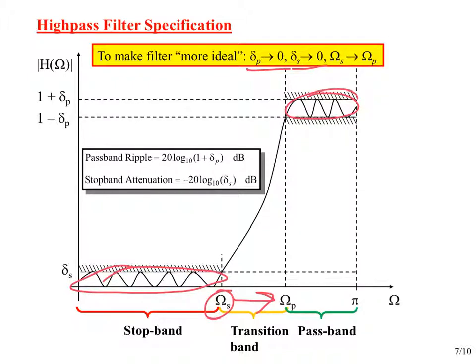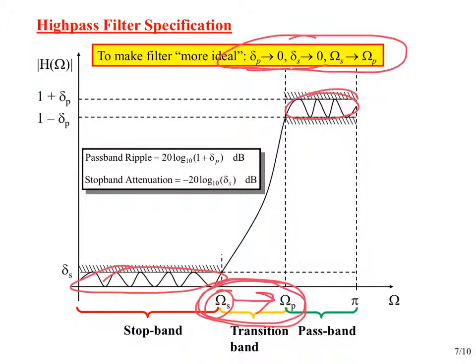So clearly, as we let these things happen, it's going to get harder and harder to achieve those goals, and we'll see the impact of that as we go through our designs. In particular, the width of the transition band is a big thing.